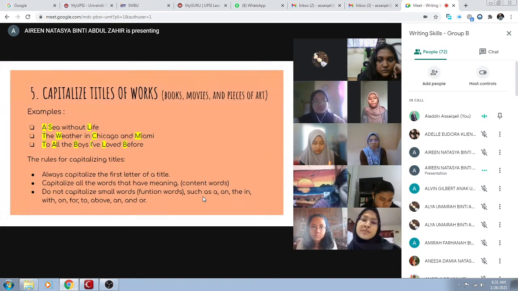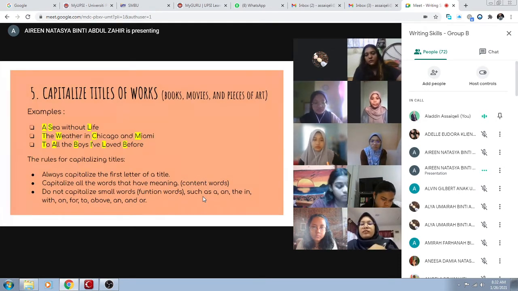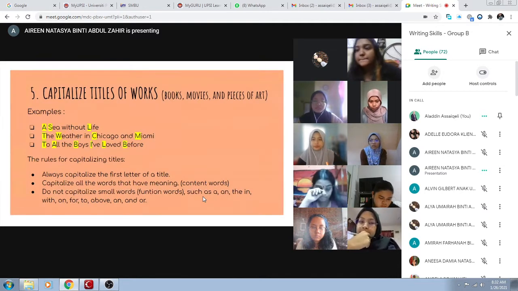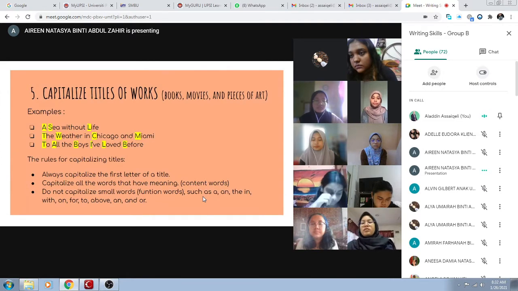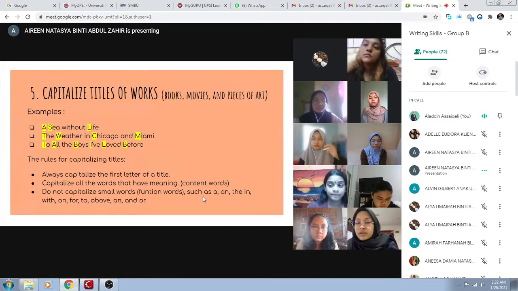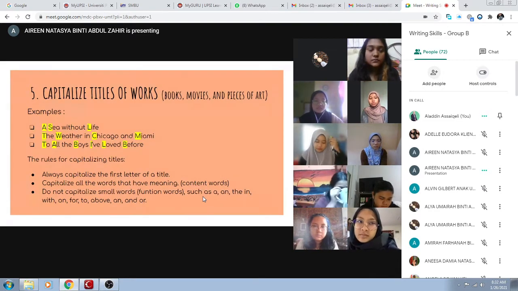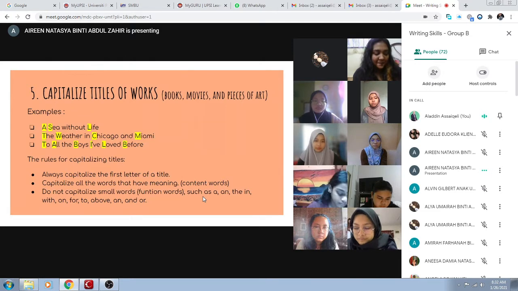Minor words, or function words, are words whose function is usually grammatical or syntactical rather than semantic, such as prepositions and pronouns, unless the pronoun is I. We do not capitalize them.